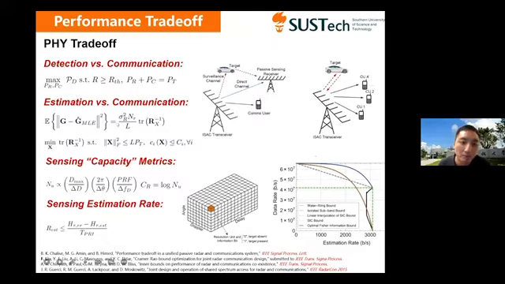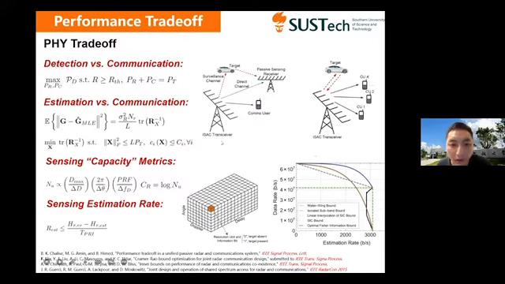And then we use this metric: the MSE of the target response matrix, which is defined as the trace of the inverse of the covariance matrix of X, the trace of the inverse of Rx. We need to design this X to minimize the estimation error subject to some communication utility functions like SINR or communication rate.